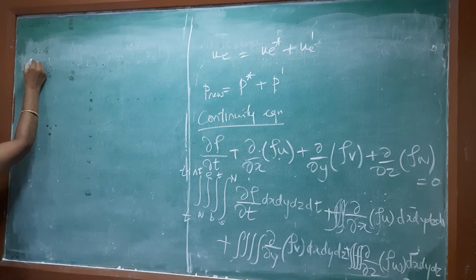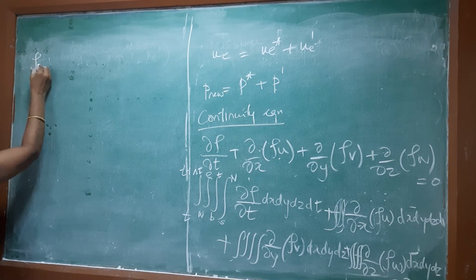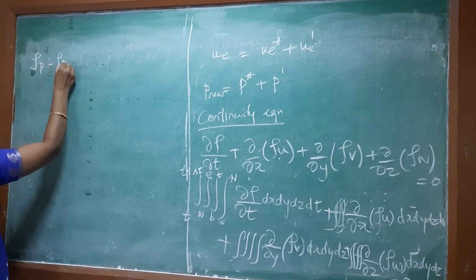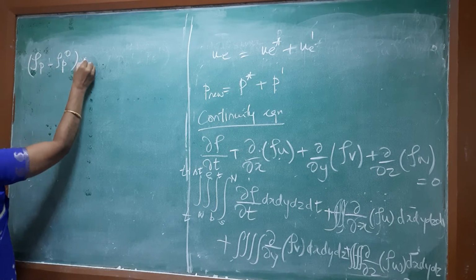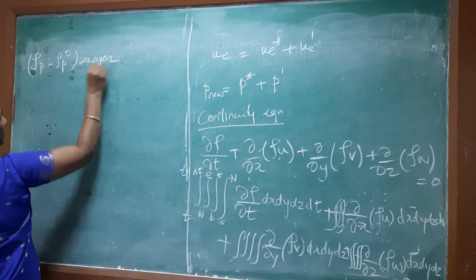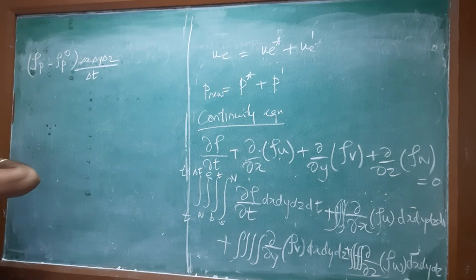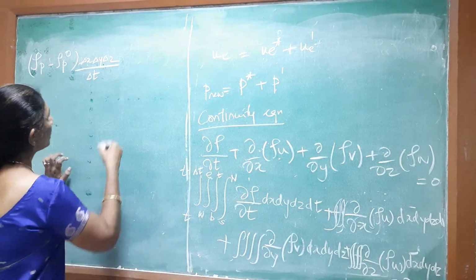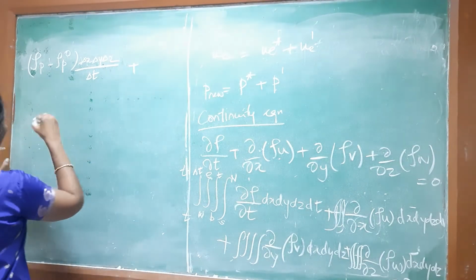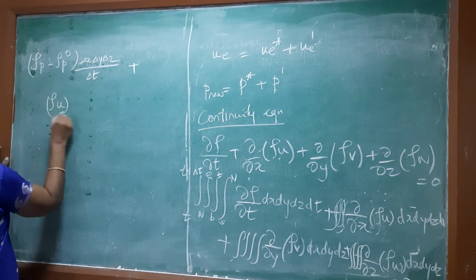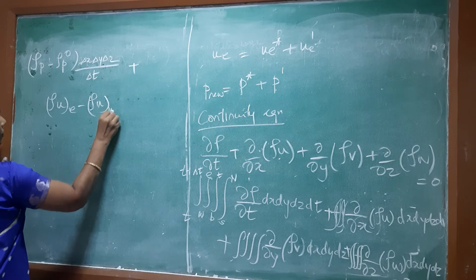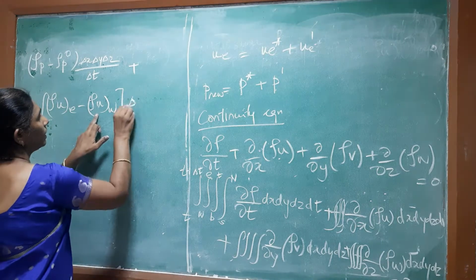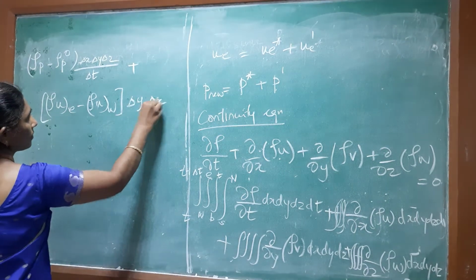Now this will be rho p minus rho p naught into del x, del y, del z by del t, because it is for a duration from time t to time t plus delta t, plus rho u e minus, this is west, and since this represents the x direction, it should be y and z only, right?